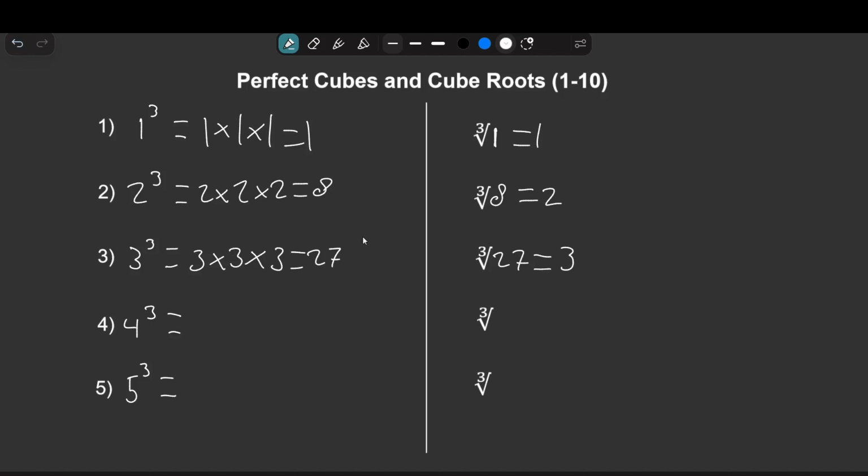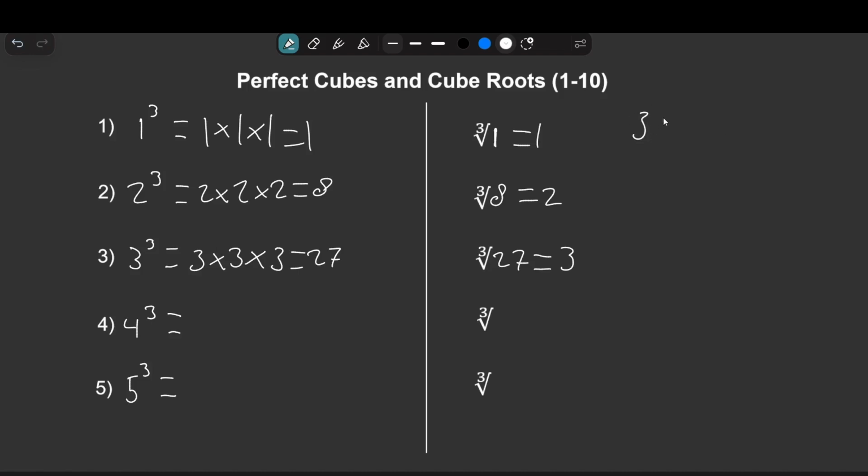Some people mess up cubing or squaring numbers because they think you just do 3 times 3, like this, 3 times 3, because the exponent says 3. But you don't times it with the exponent, you times the number by itself 3 times.